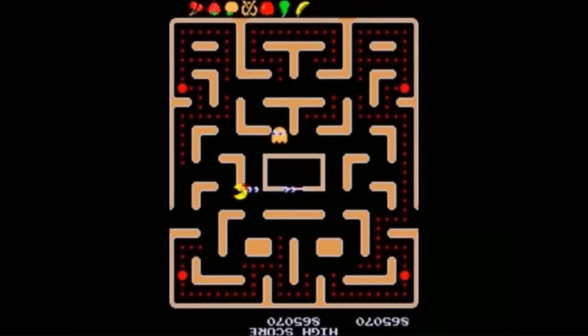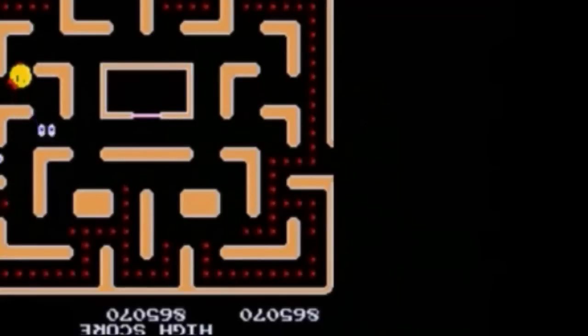And another thing that you'll notice if you're an observant player is that the slow ghost bit data has been written along the bottom right energizer. And when they get towards that energizer, you'll notice that the ghosts will slow down.